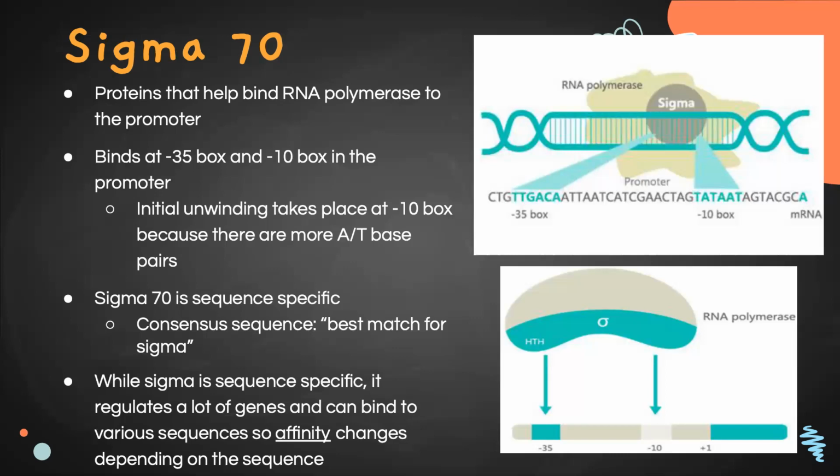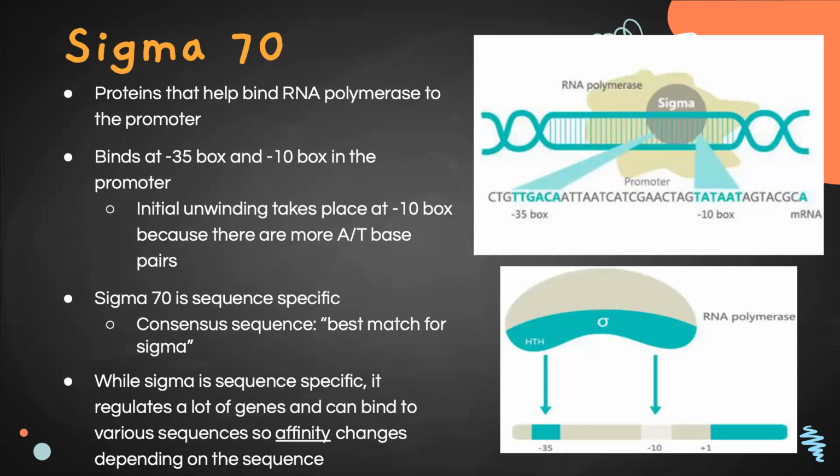And I just want to add, to clarify a little bit. So sigmas are general transcription factors. And then the definition of general transcription factors is that they're not sequence specific. But then you might think it's contradictory because we're saying they have to be at -35 and -10, which makes it sequence specific. So the only difference is that it is general because it can be at a lot of different promoters in the prokaryote. The -35 and the -10 is, like Melissa said, the consensus sequence.